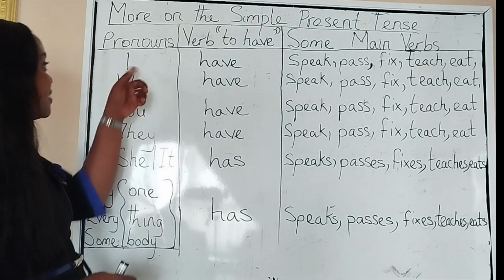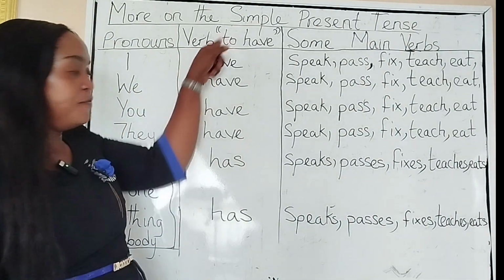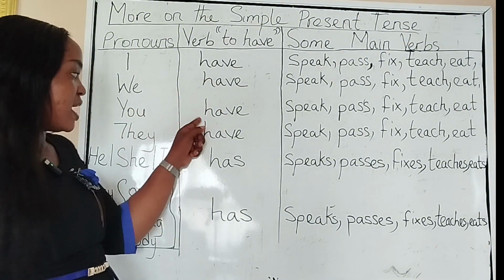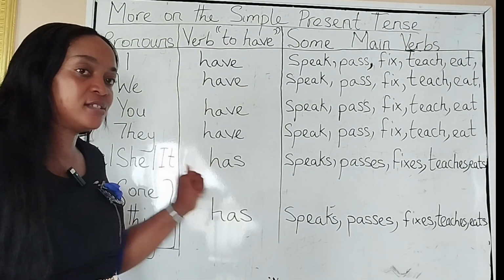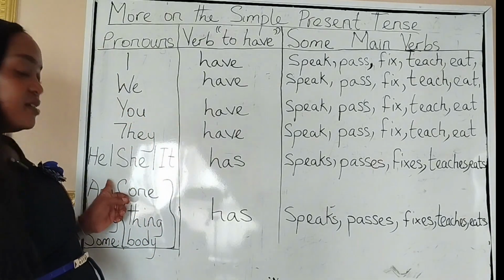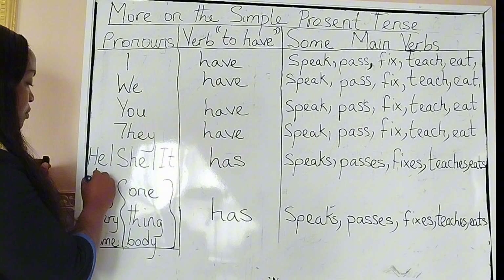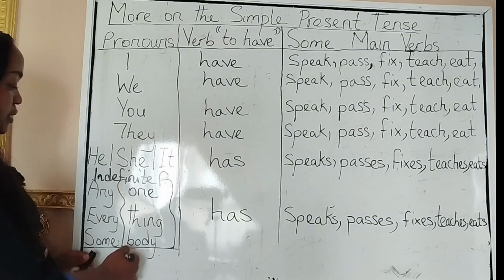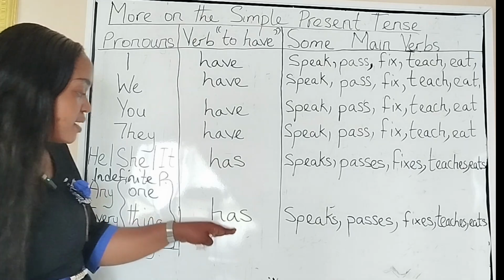All right. So we say I have, we have, you have, they have, he, she, it has, and here we call it indefinite pronoun. And whenever you have any of this, just bear in mind that it will always take has.